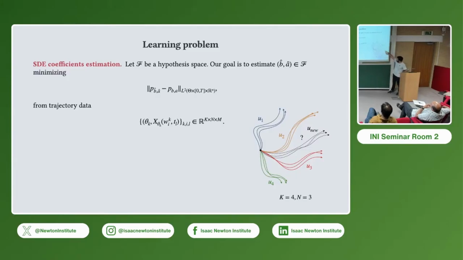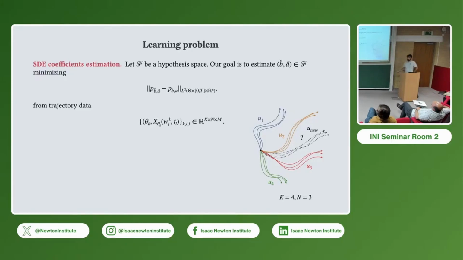We have 4 controls here, so you can imagine it's our data set, and we observe 3 trajectories for each control. It's not illustrated here, but we also sample discrete times. We hope to estimate the density flow so that, on average, it should be accurate also for any other control theta in the parameter set.